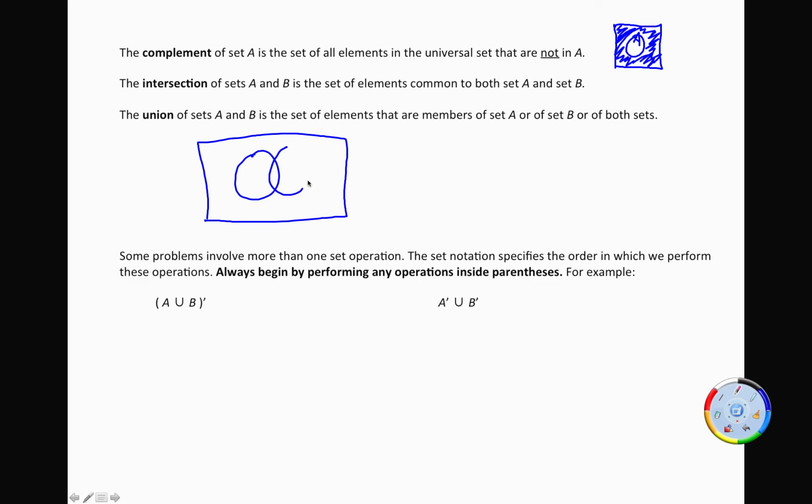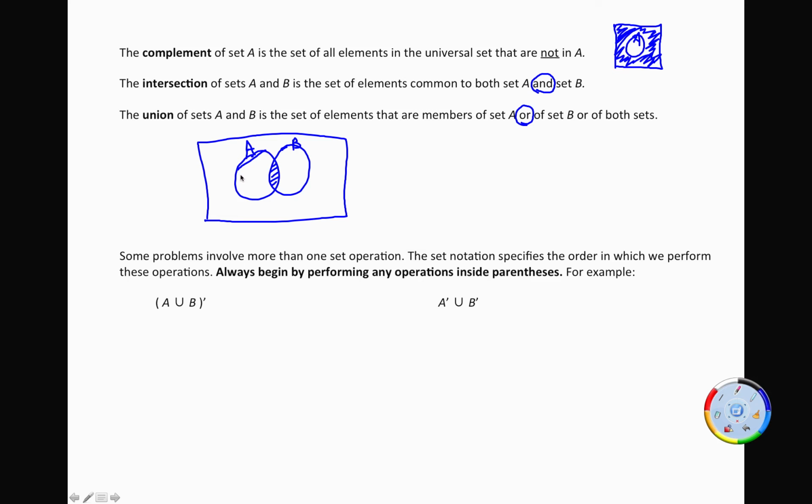My Venn diagram. Okay, here's set A and set B, and this region right here is the intersection of sets A and B. The union of sets A and B is the set of elements that are in set A or set B. Notice intersection, recall, means the elements that are in set A and set B. So these are the elements that are in A and B. If I want the elements that are in A or B, it can either be in A or B or both.